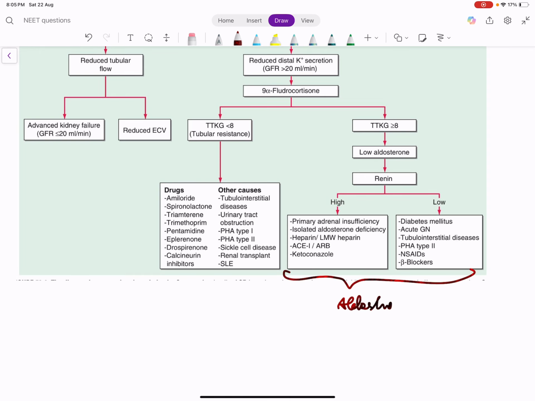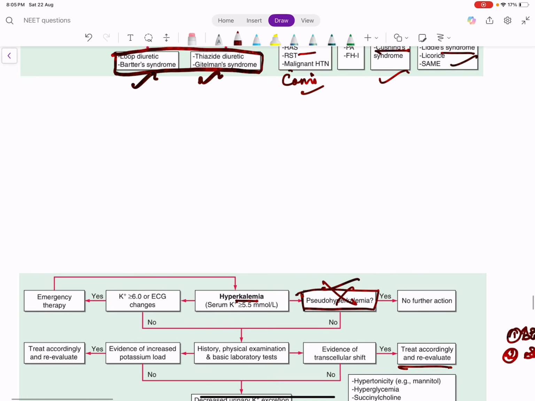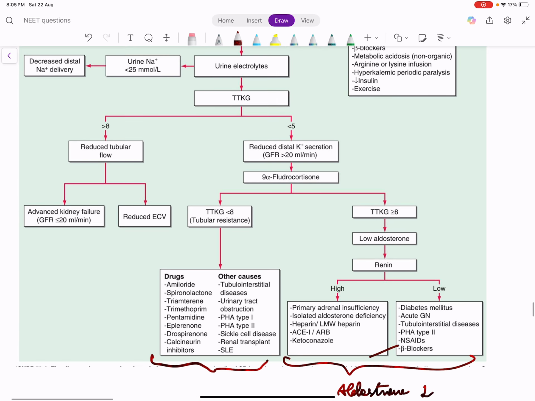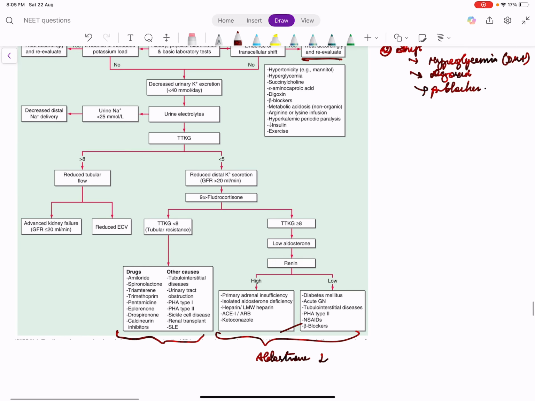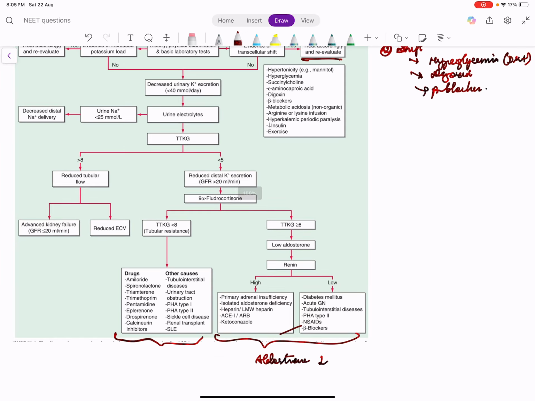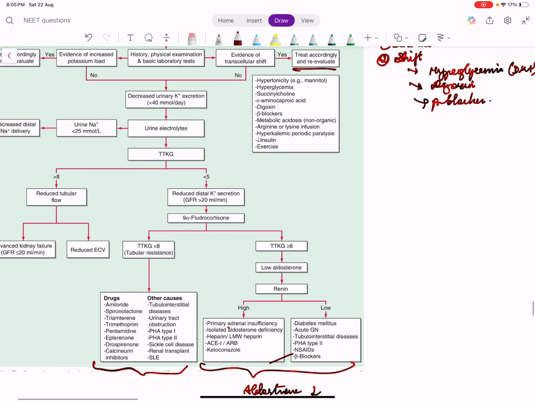So giving an aldosterone antagonist like spironolactone is one cause. Then some other drugs can cause hyperkalemia. Okay, so mainly it is drug-induced, aldosterone antagonist, adrenal insufficiency.